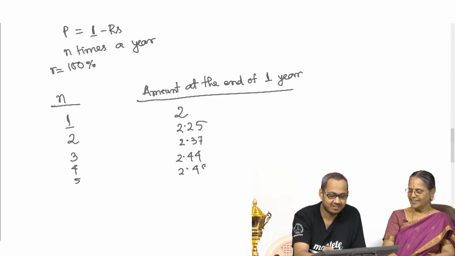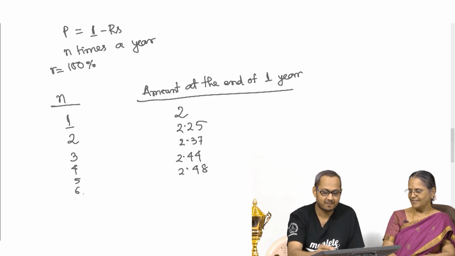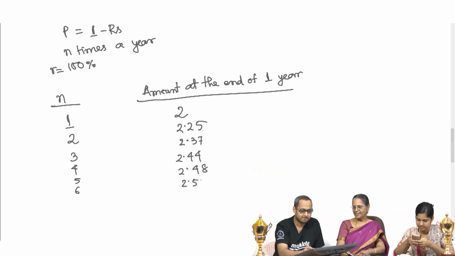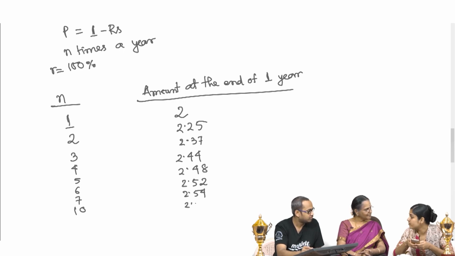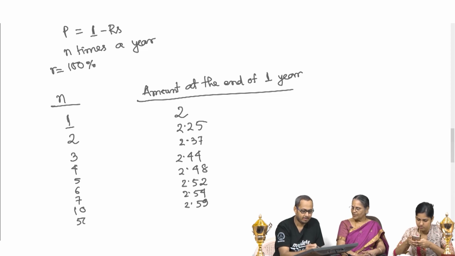Then 6, 2.52. Then 7, 2.54. Then 10, 2.59.